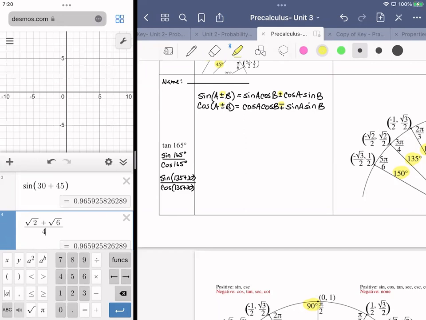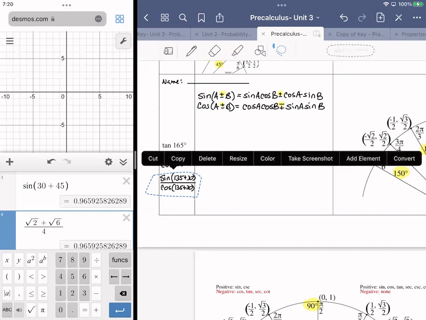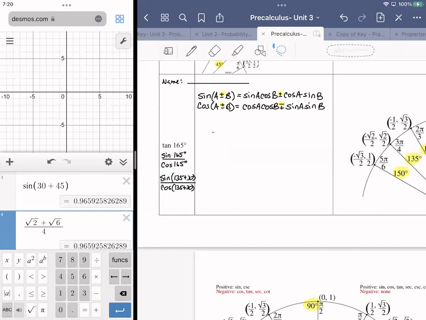So what we're going to get out of this, again, sine of 135 plus 30 over cosine of 135 plus 30. The 135 is going to take on the role of the A value, and the 30 is going to take on the role of the B value. So we're going to pop it into the yellow variant, if you will.